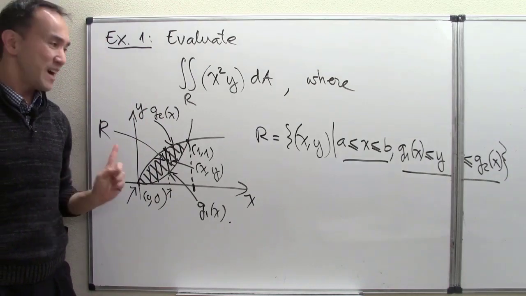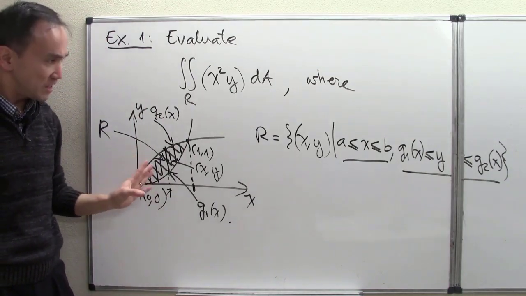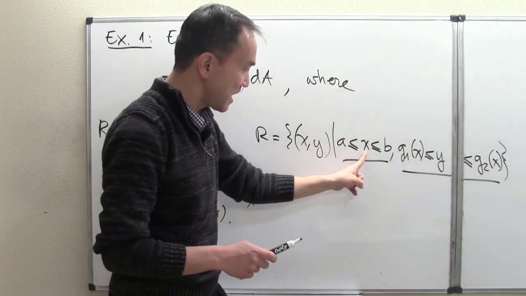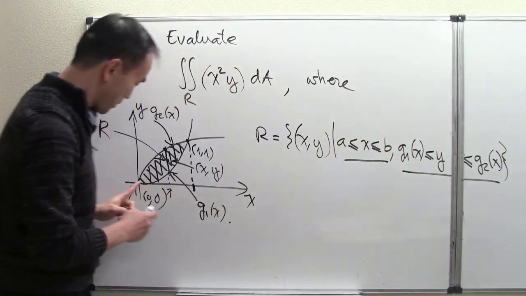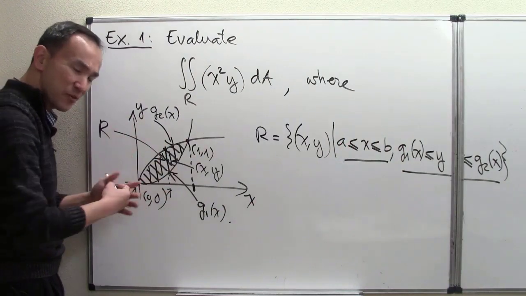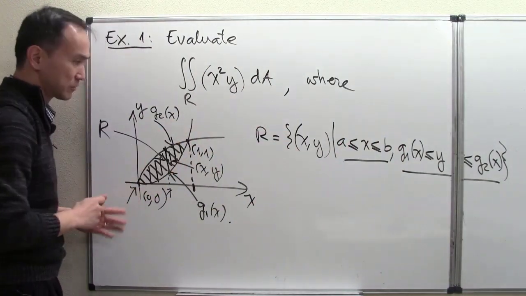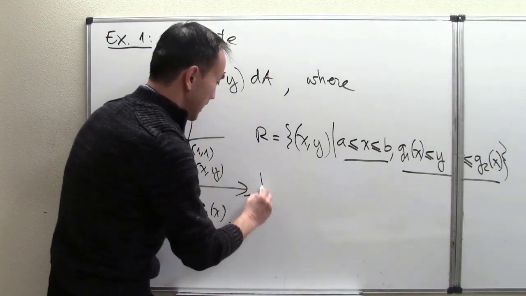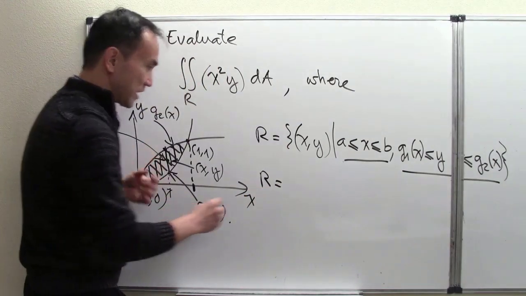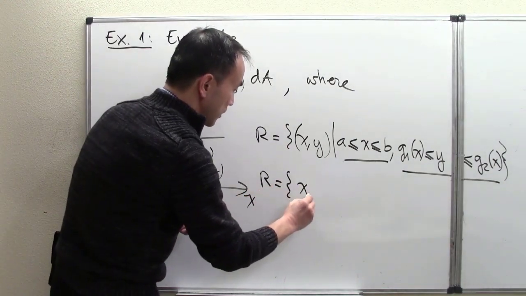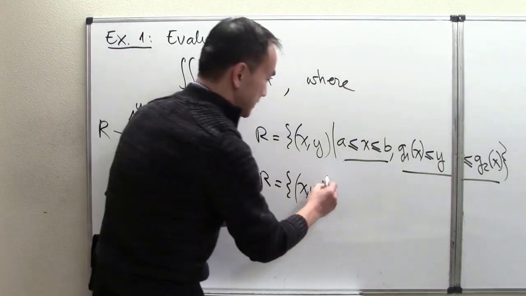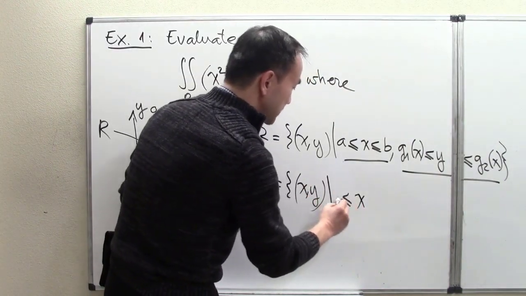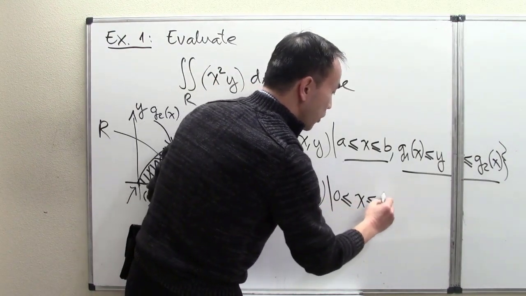So in this situation, that's what it means by x is in between two constant values right here. Now when we apply that understanding to this problem, here's what I'm seeing. The region R here is being described as all x, y points where the x values are anywhere between 0 and 1.